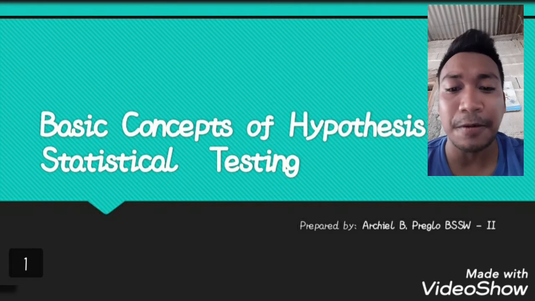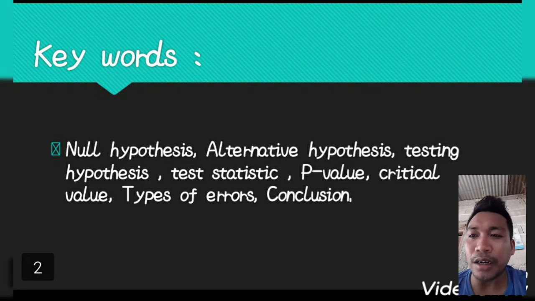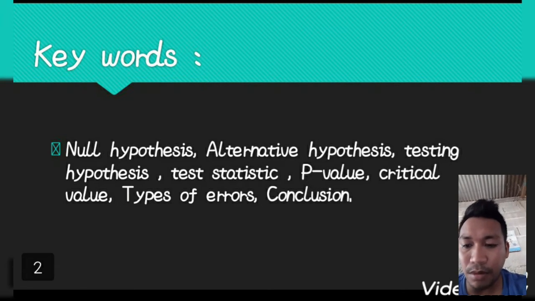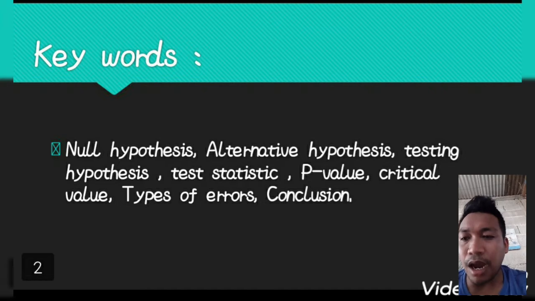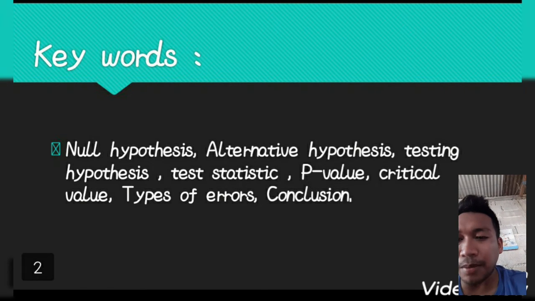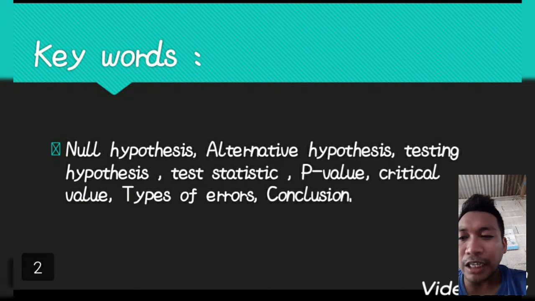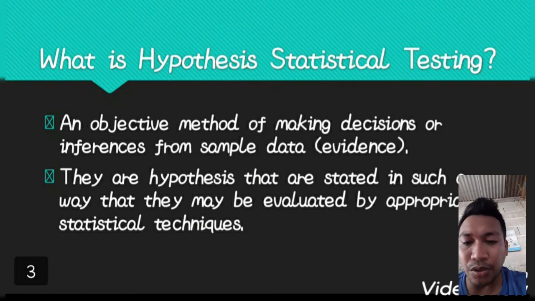In this topic, we're going to define technical terms or keywords that are involved in hypothesis statistical testing. Here are the key terms you are going to encounter in testing the hypothesis: null hypothesis, alternative hypothesis, testing hypothesis, test statistic, p-value, critical value, type of errors, conclusion.